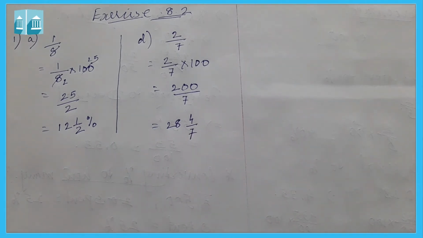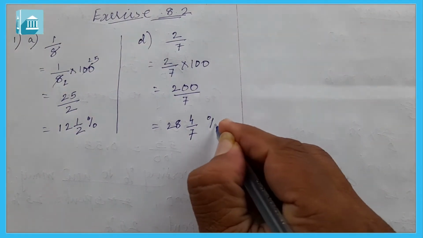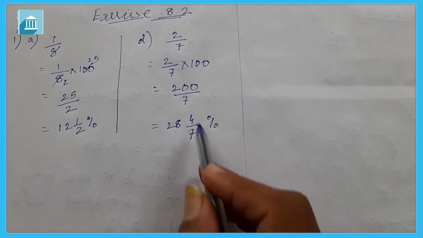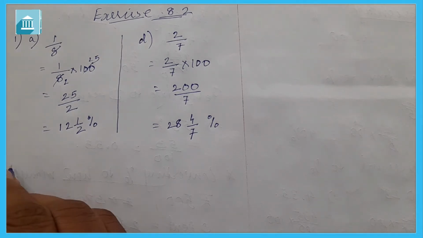This much percent is there: 28 and 4 upon 7, with the percentage sign. Here we get 28 4 upon 7%. This is the percentage.